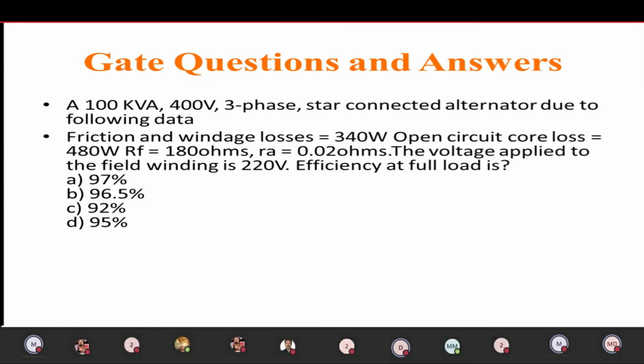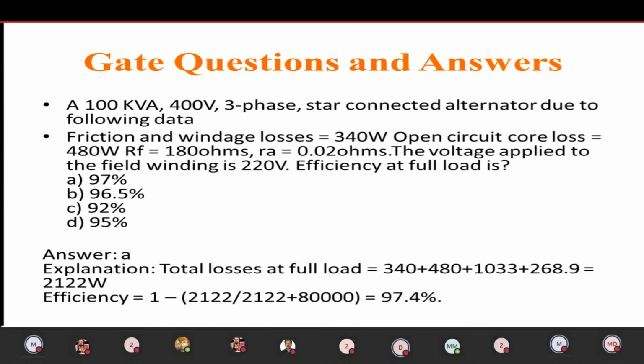RA is equal to 0.02 ohms. The voltage applied to the field winding is 220 volt. Efficiency at full load is, we have four different answers: A 97 percentage, B 96.5 percentage, C 92 percentage, D 95 percentage.